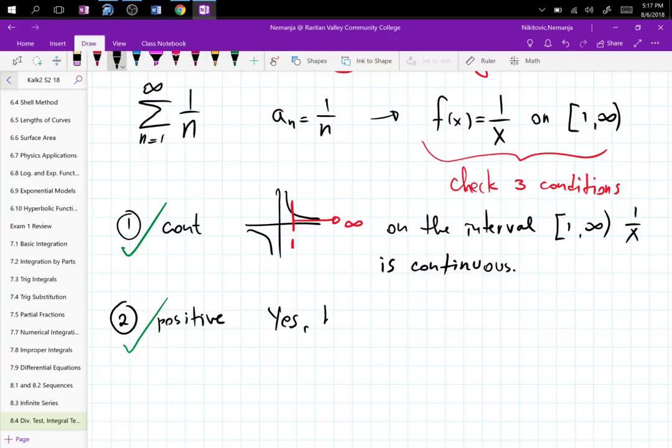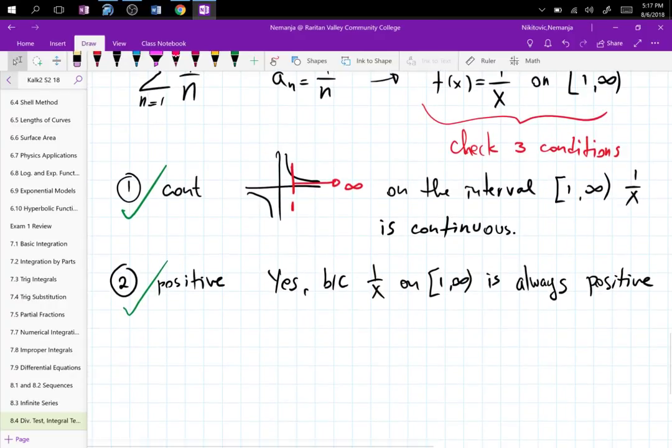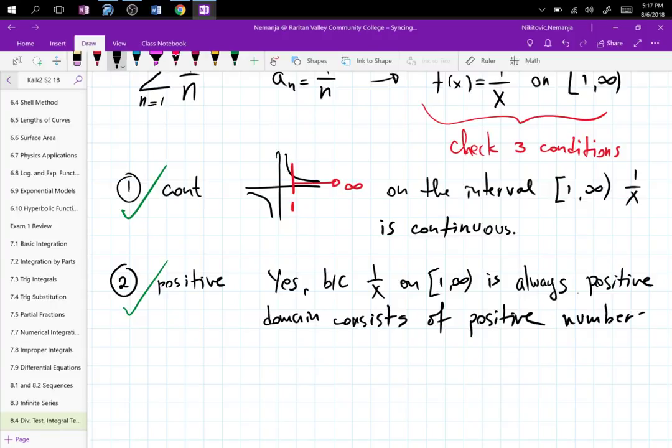Yes, because 1 over x on, and I have to put 1 to infinity again, is always positive. Technically what you're doing is, since your inputs are positive numbers, the domain consists of positive numbers only.